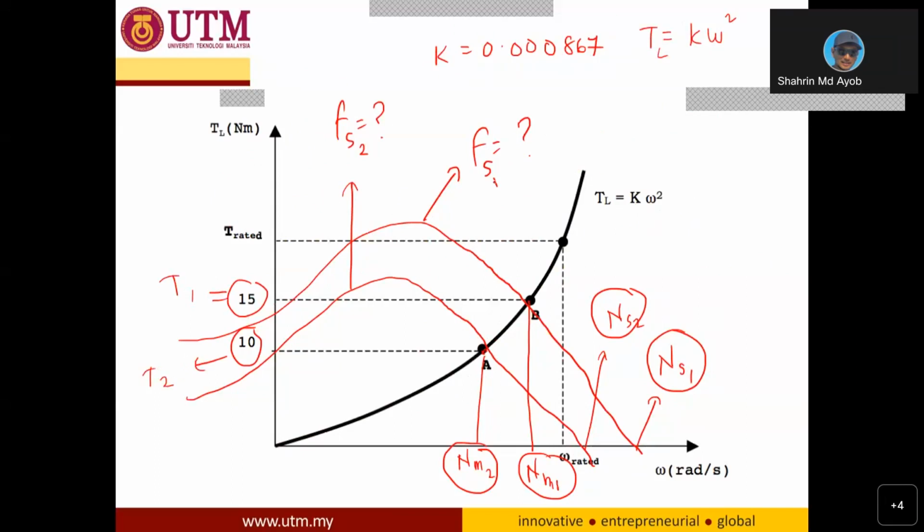Carilah T1. So when T is equals to 15, so what is the speed? So your speed is 15 over 0.000867 square root. Berapa dapat?